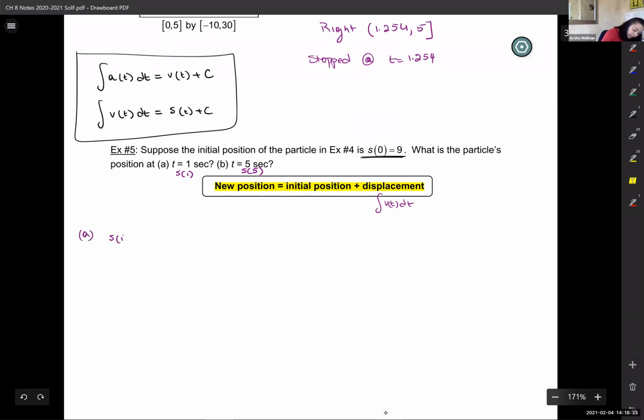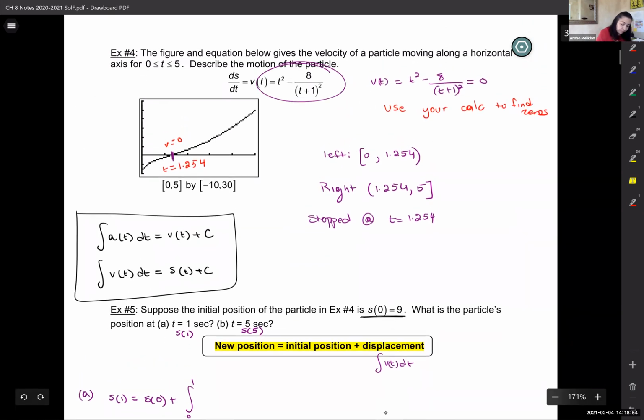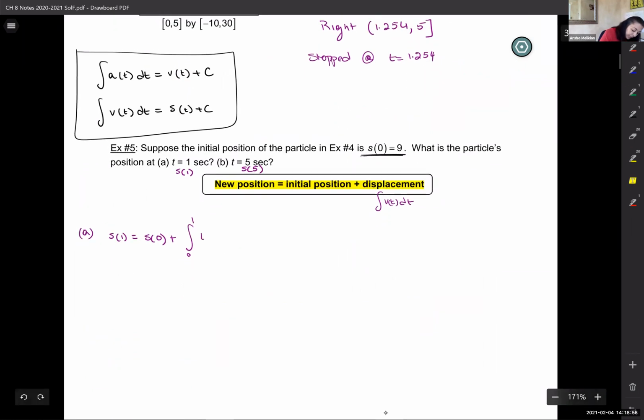So here we go. S of 1. Where is it at t equals 1? Well, where did it start? At s of 0 plus. How did the position change? Well, the integral tells me how the position changed. I'm going to integrate this function, t squared minus 8, and I'm going to move it up and write it like this to make it easier to integrate.